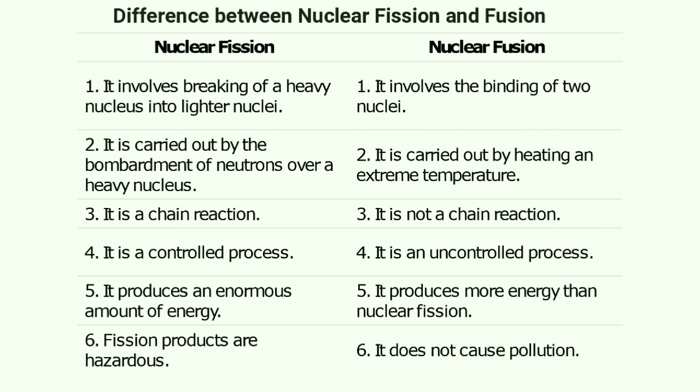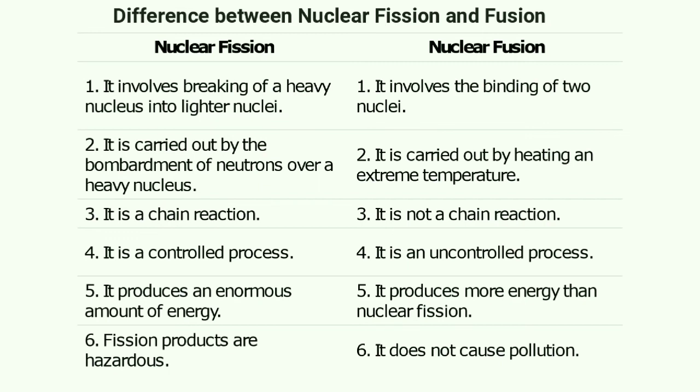Now, what's the difference between nuclear fission and nuclear fusion? Fission involves breaking of a heavy nucleus into lighter nuclei, whereas fusion involves the binding of two nuclei. Fission is carried out by the bombardment of neutrons over a heavy nucleus, whereas fusion is carried out by heating to extreme temperature.